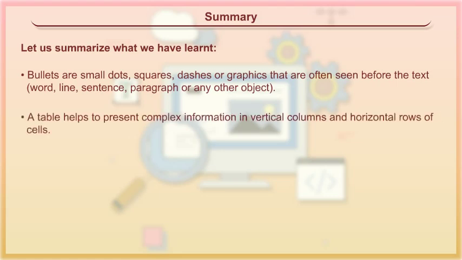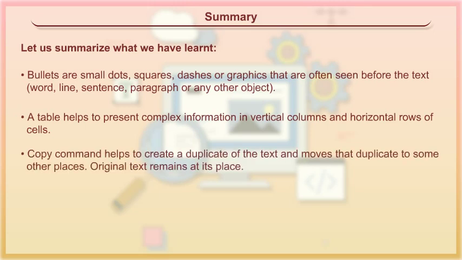A table helps to present complex information in vertical columns and horizontal rows of cells. The Copy command helps to create a duplicate of the text and moves that duplicate to some other place. The original text remains at its place. The Cut option helps to move text from one place to another.